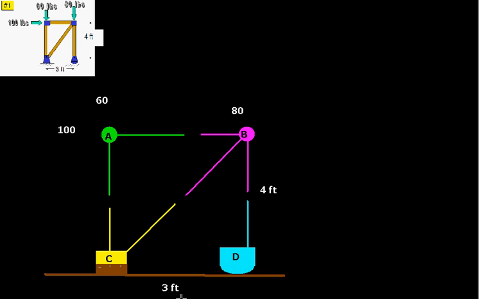So you would square this, you get 9, square this, you get 16, add them together, you get 25, the square root of that is 5. So here we have 5 feet. Let me move each of these to where it kind of best is out of the way, but is clearly visible.